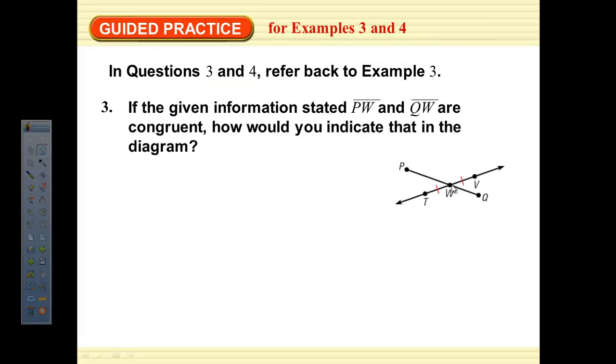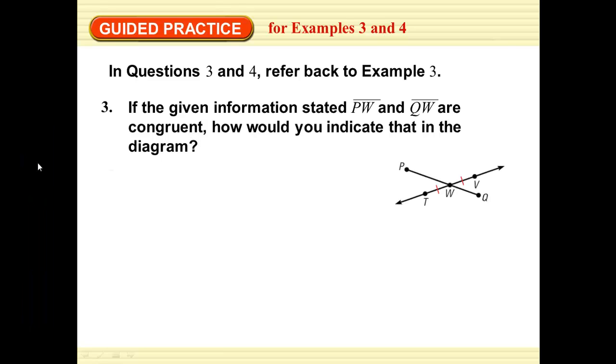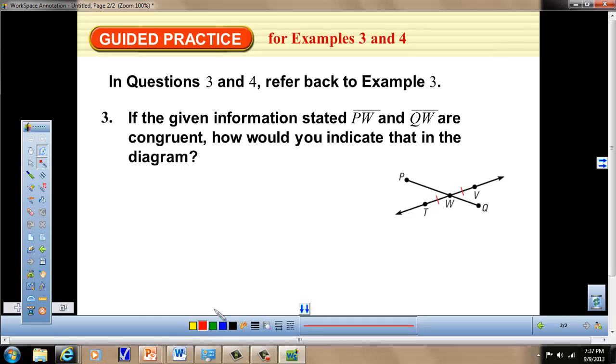Now, we're going to use this picture again, and it says, if the given information stated that PQ and QW are congruent, how would you indicate that? Again, what you do is you would put a tick mark here and a tick mark here, but we would want 2 here and 2 here so that we know that PW and QW are equal, but not necessarily that they're equal to TW and WV.